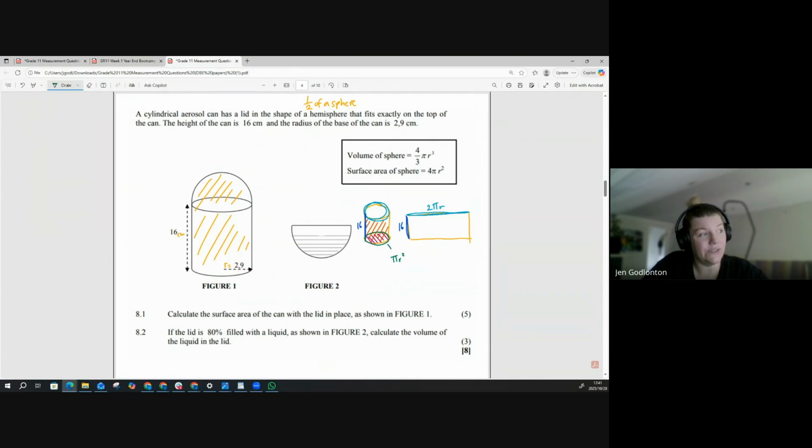Then all you need to do is the surface area of the hemisphere, so the surface area of a sphere divided by 2. So in total, we're going to have a rectangle plus a circle plus the hemisphere. That's my hint to you.